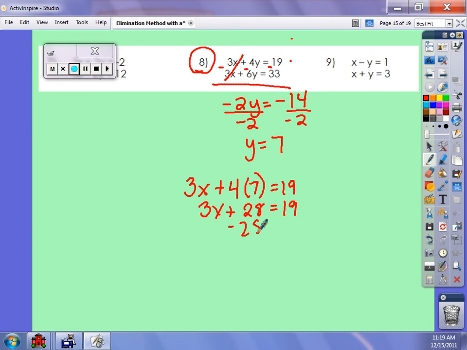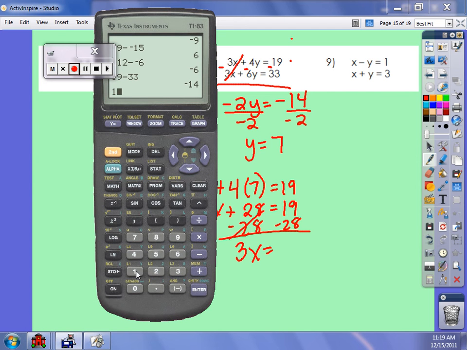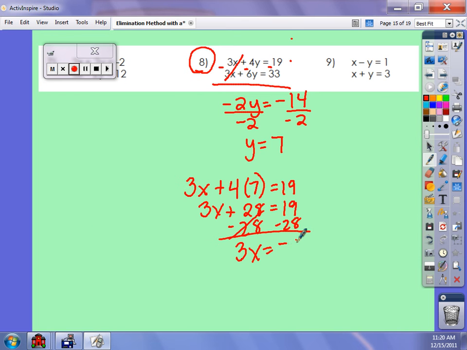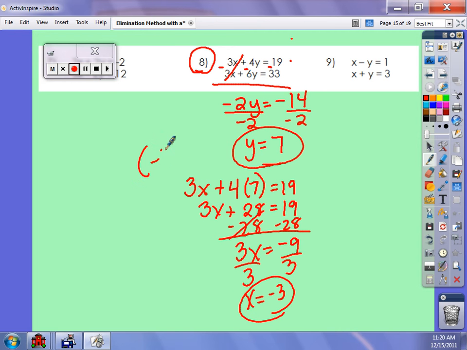So let's subtract 28. 3x equals 19 minus 28. This gives us negative 9. So when I divide by 3, I get negative 3. So my two that work: x is negative 3 and y is 7.